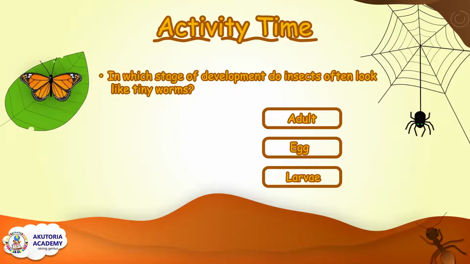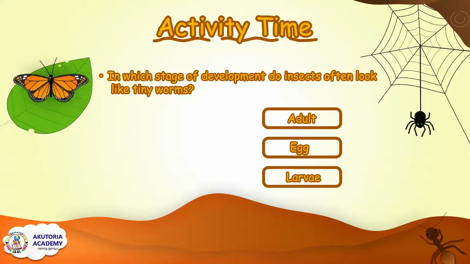Read the questions carefully and answer them correctly. In which stage of development do insects often look like tiny worms? The adult stage, the egg, or the larva stage?